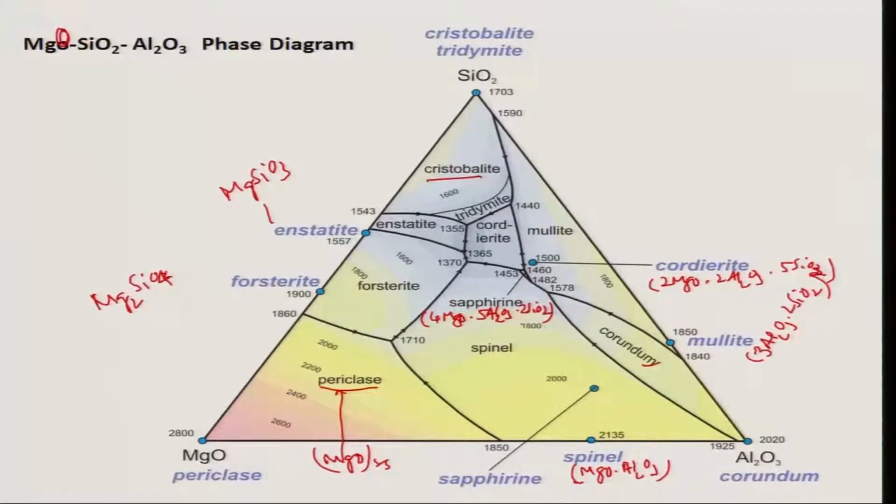This is the second one. Tridymite is nothing but a solution of silicon dioxide, MgO and Al2O3, stabilized at higher temperatures beyond 1700 degrees Celsius, and that is all actually. So, these are the different phase fields and these are the liquidus surface projections as you see here, correct.